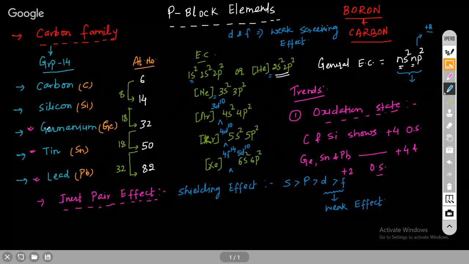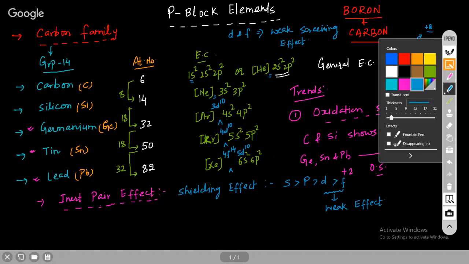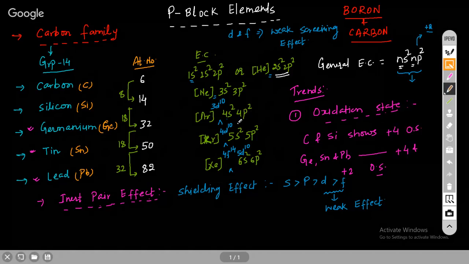So in germanium, tin and lead, when the two electrons present in the p orbital are donated, it forms +2 oxidation state.